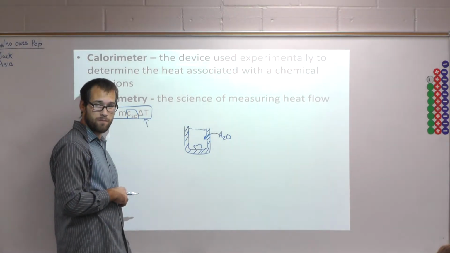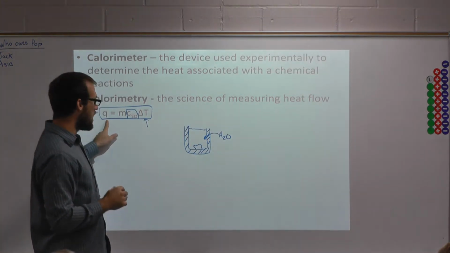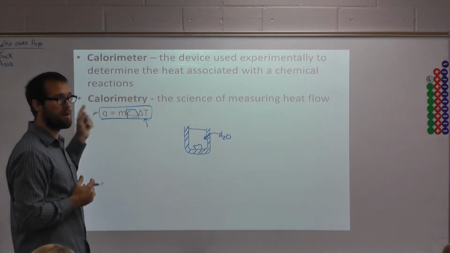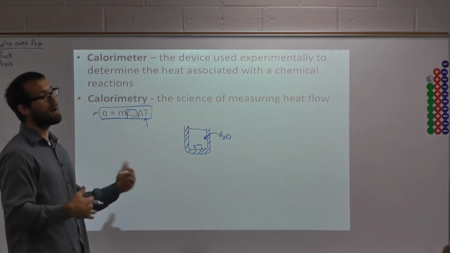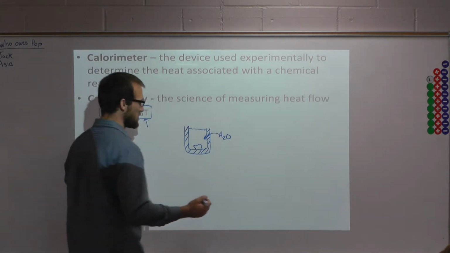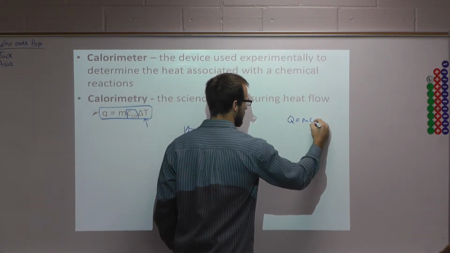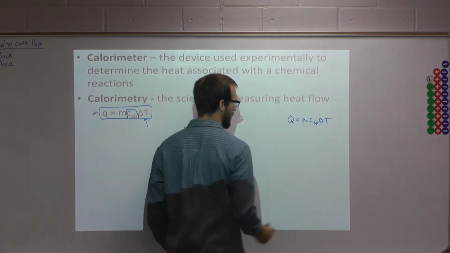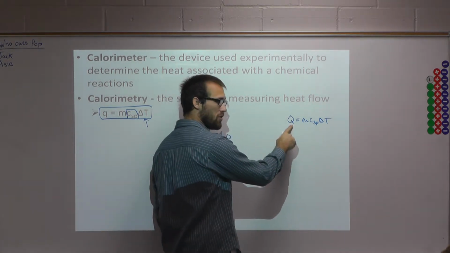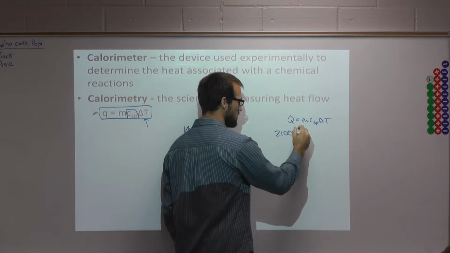To the water. Okay? So if you know the heat transferred out of the rock, it would be the same amount of heat received by the what? Water. Okay, this is very, very important because there is going to be a homework problem in your notes that I'm not going to go over where you're going to solve for Q. And it's going to be, let's say, 2100 joules.